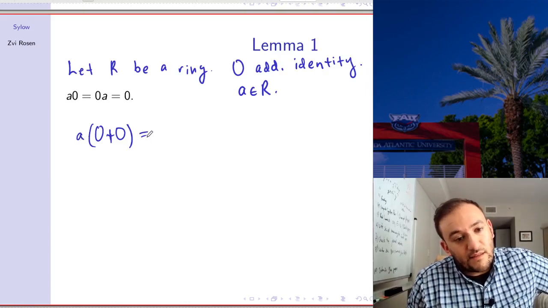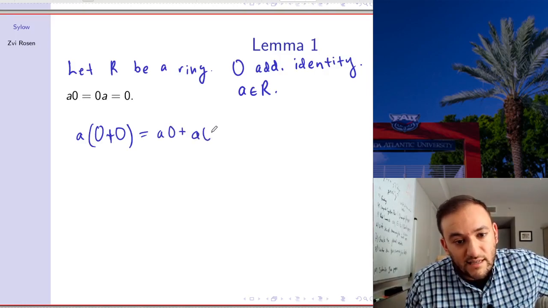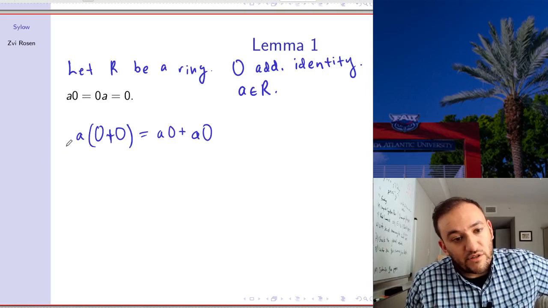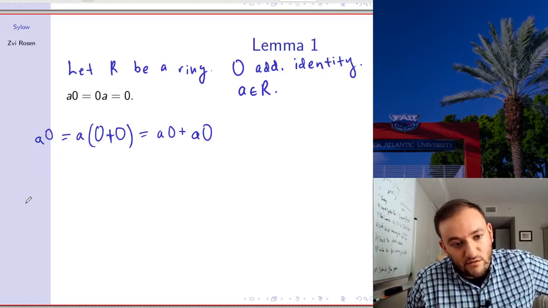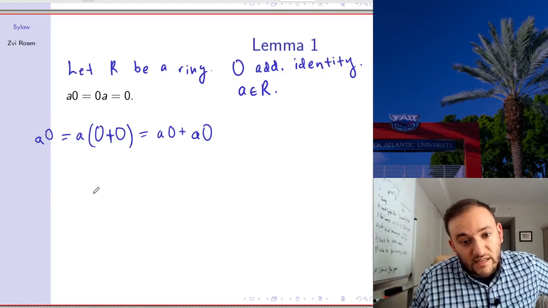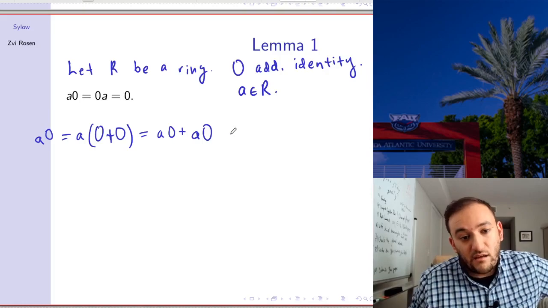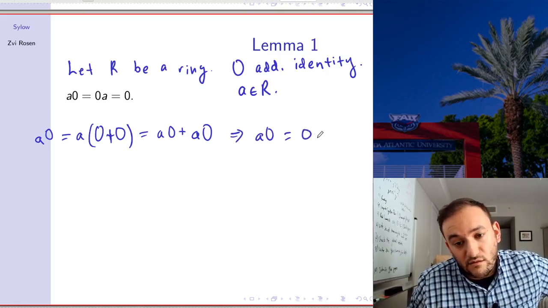This means that A0 equals A0 plus A0, but we know that this is also equal to A0 because 0 is equal to itself. So canceling, or subtracting on both sides of the equation, tells me that A0 equals 0.